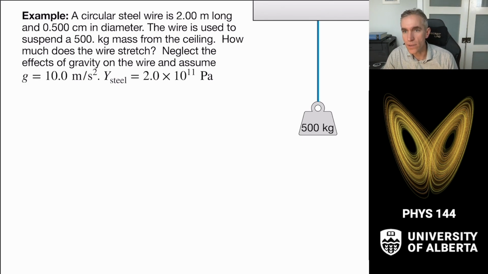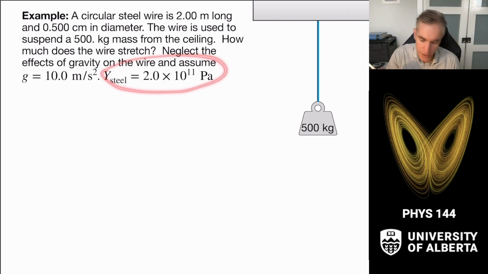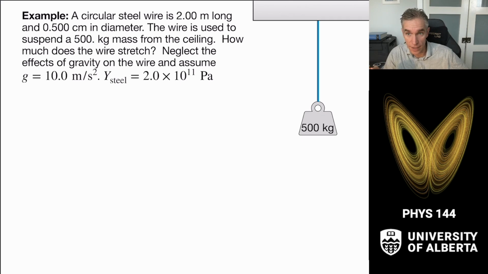The wire is used to suspend this 500 kilogram mass from the ceiling, and we want to know how much this wire stretches. So it should stretch. We're given a Young's modulus for steel of 200 gigapascals, and we will assume g equals 10.0 meters per second squared. So this is an application of the previous formula.